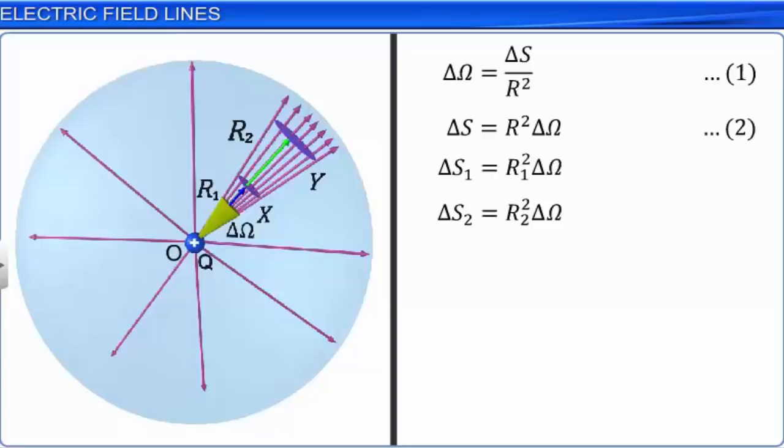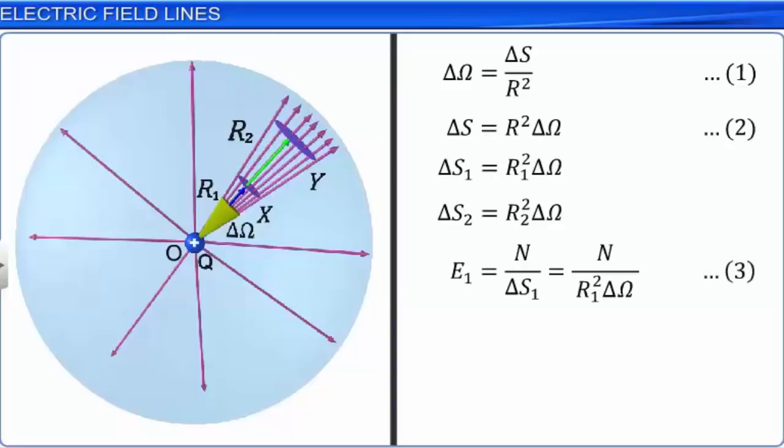The number of field lines passing normal to a unit area is equal to the electric field strength E. Therefore, the electric field strength E1 at x will be equal to number of field lines per unit area at x, which is equal to n by delta S1 or n by r1 squared into delta omega, using the value of delta S1. Let this be equation 3.